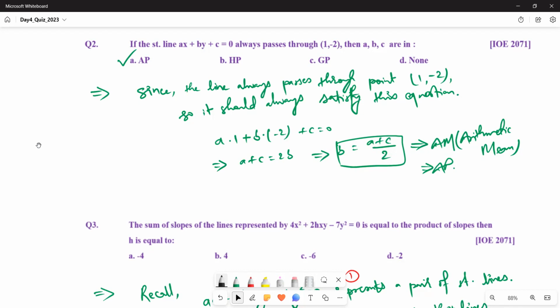Okay. So suppose a straight line is always passing through a point.